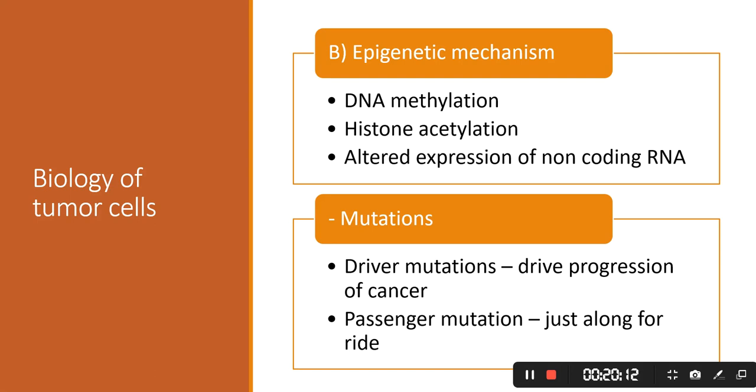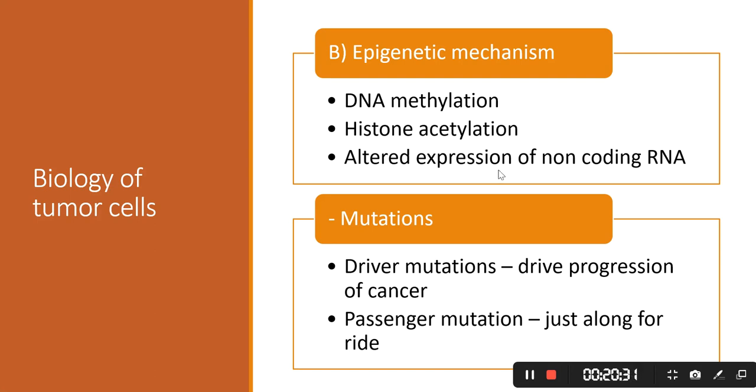Altered expression of non-coding RNA. You remember the RNA splicing that we did in the third lecture, the introns and the exons. The introns are the useless things which roam around. Exons are the ones which stay in the RNA and code for the protein.